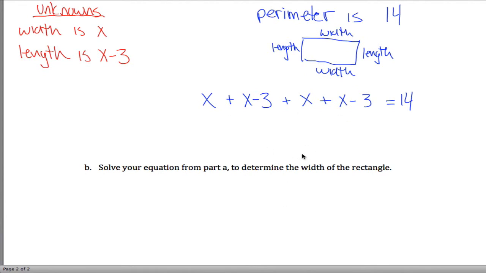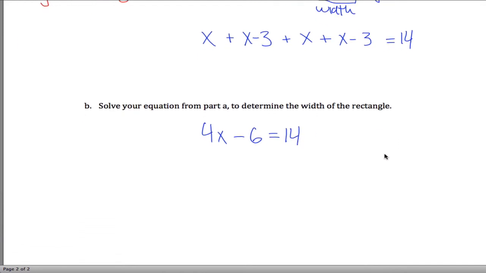And in B, I want to solve this equation. First step, combine like terms. I have x, x, x, and x, so 4 of these x's. I have minus 3 and minus 3, so minus 6. 4x minus 6 is 14. To solve this equation, I get all my x's together on one side of the equation, which is already done, and put all my numbers on the other side. You can do that by adding 6 to both sides.